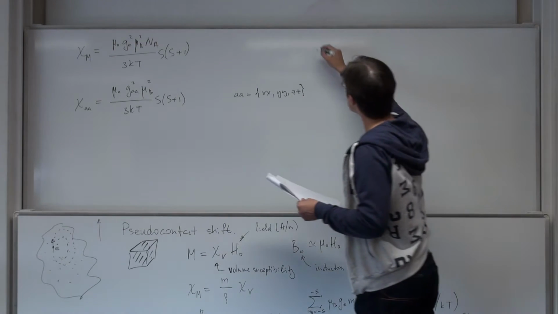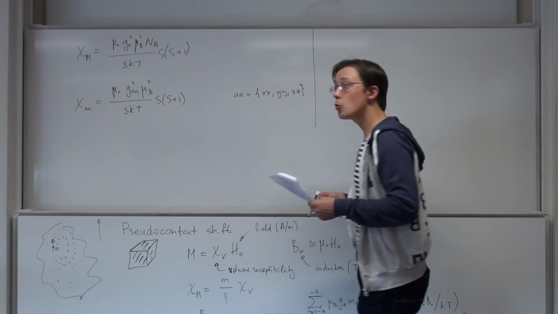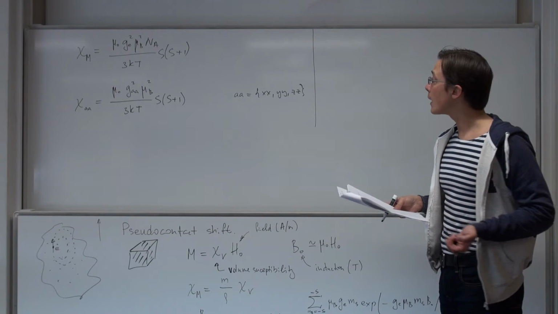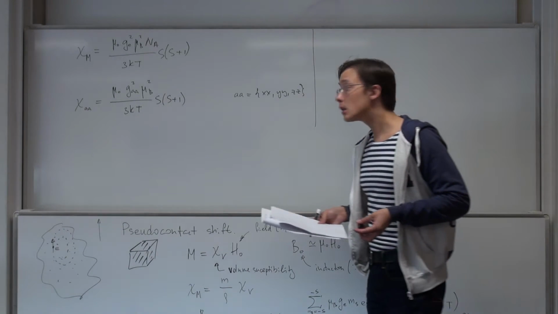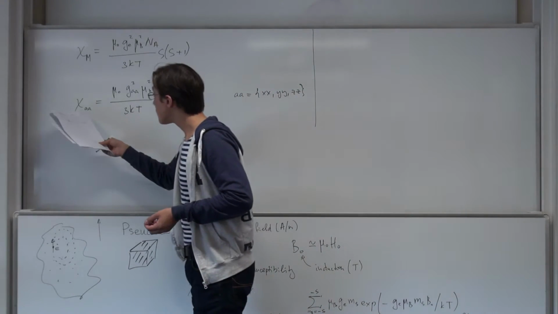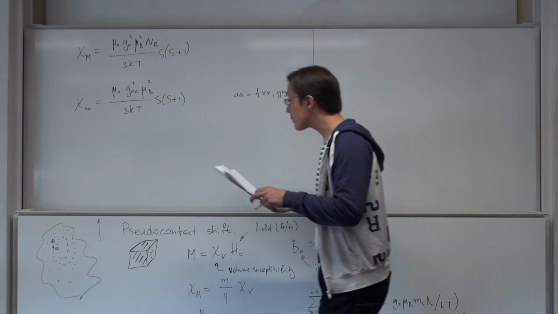And so that is it. Now, if we know the g tensor for the electron, which we can easily measure using EPR spectroscopy, what we can immediately get is the corresponding magnetic susceptibility tensor.